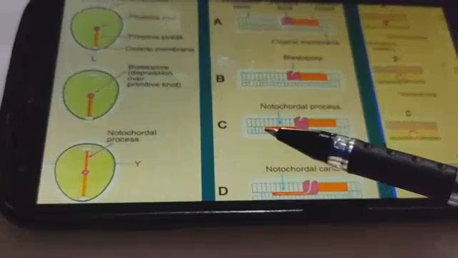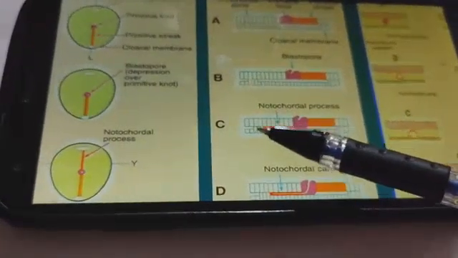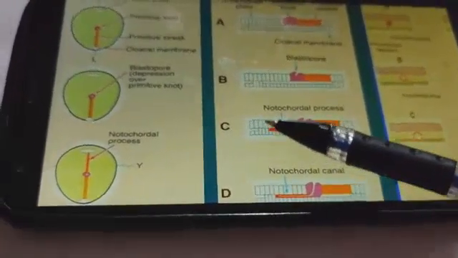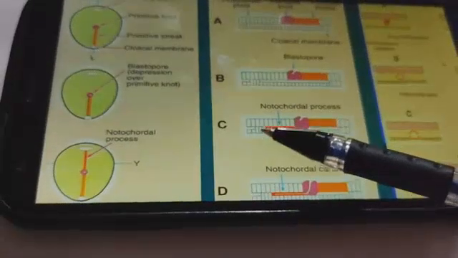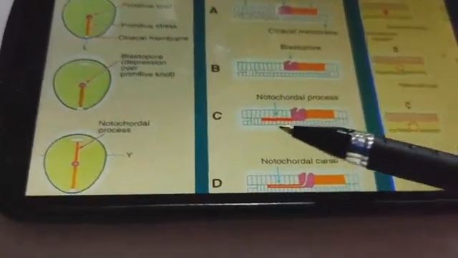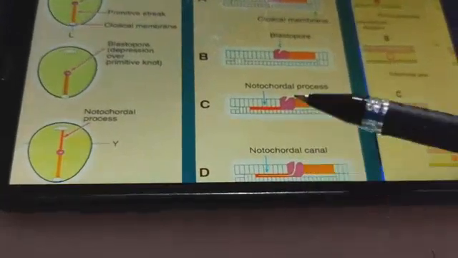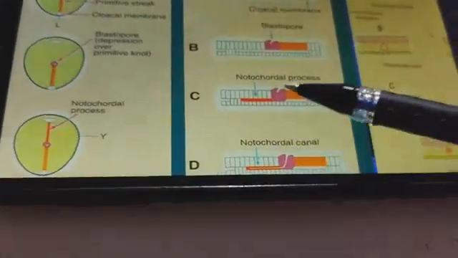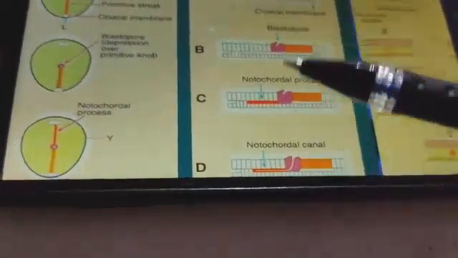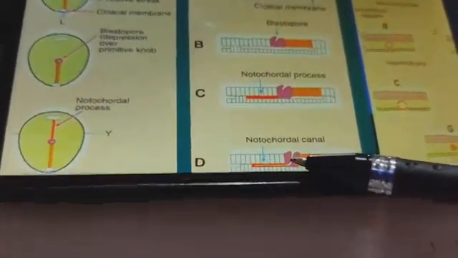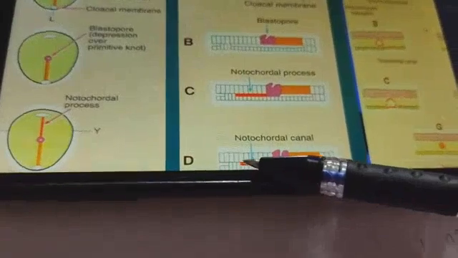They are formed only till the prochordal plate, because here these two cells are joined. There is no mesodermal space present here. This structure is called a notochordal canal. See, this blastopore, further the hole deepens and it is present all through here.